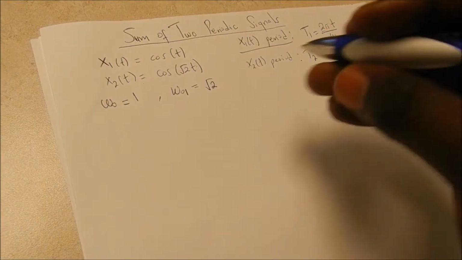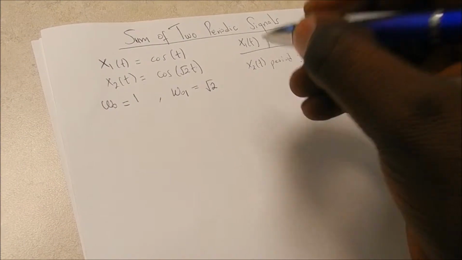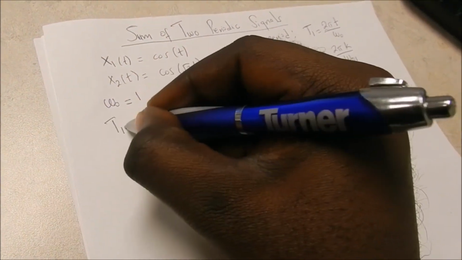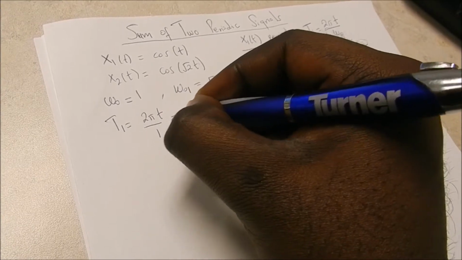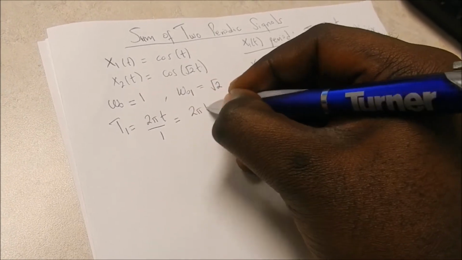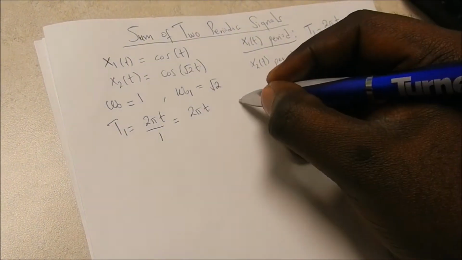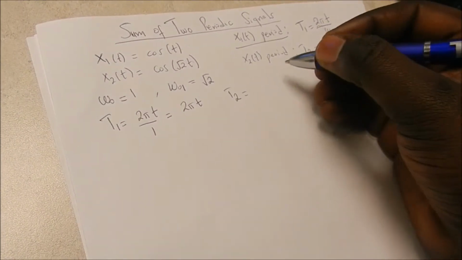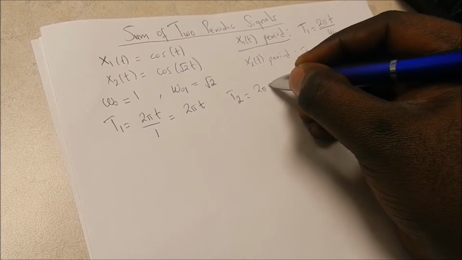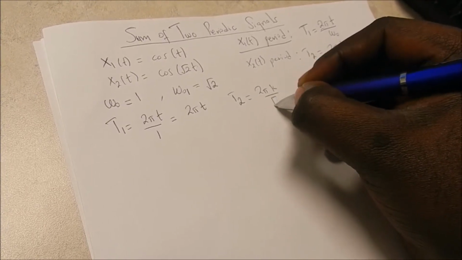And therefore we know that T1 is equal to 2 pi t over 1, which is basically 2 pi t. And we know that T2 is equal to 2 pi k over square root of 2.